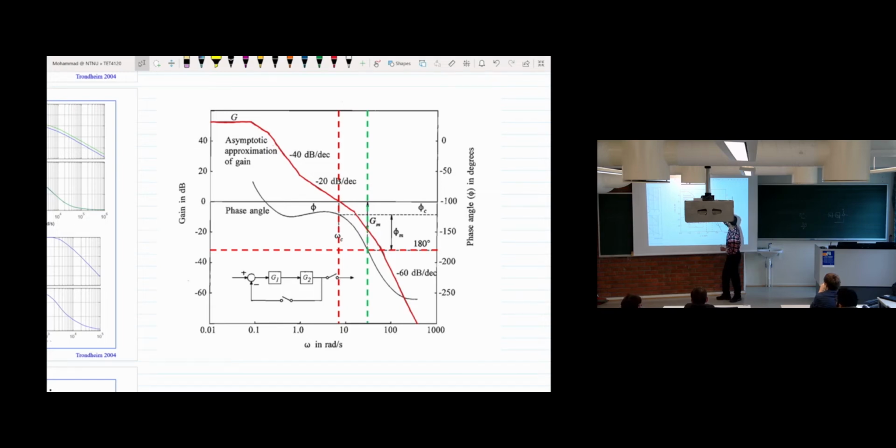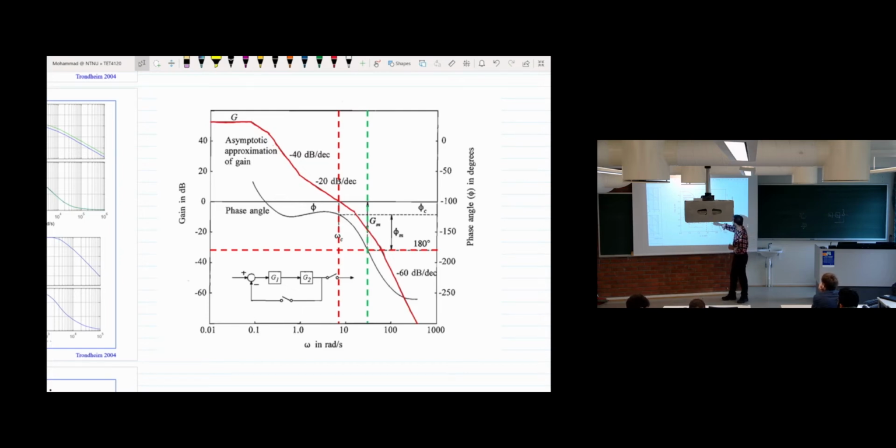We try to have at least this phase margin of 45 degrees. Sometimes you'll say 35 degrees, sometimes 40 degrees. Some people say 45 degrees. Let's say it's 45 degrees. So we always try to have at least 45 degrees phase margin when it crosses the 0 dB. This is one design rule, at least 45 degrees. And then we can also check the gain margin.